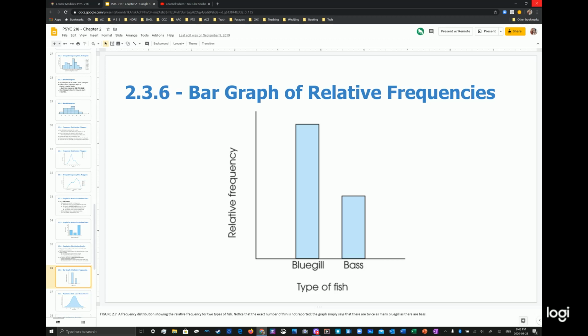So here's an example of a bar chart with relative frequencies between bluegill and bass types of fish. And you can see here, oh, there's half as many bass that you would count than bluegill. So this will be an introduction to our normal distribution, looking at relative frequency.